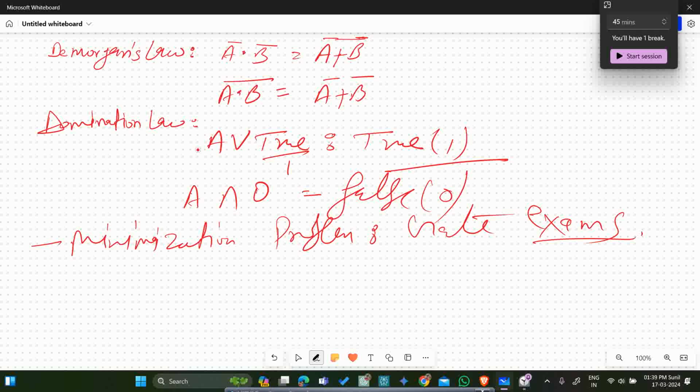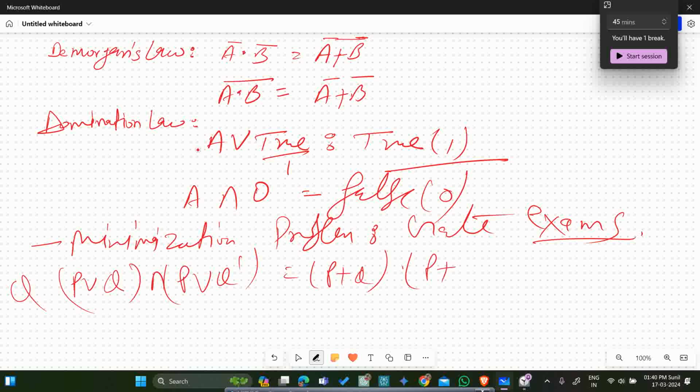So the first question would be like this. What is P or Q, and the question is P or Q complement. So first we will convert it into Boolean algebra: P plus Q and P plus Q bar. Then, let's say it is X, we can put the distributive law.